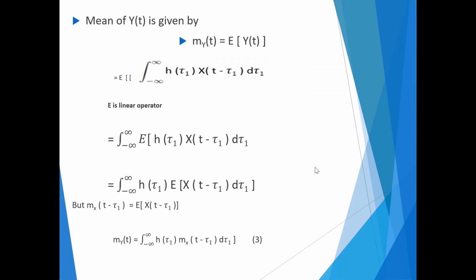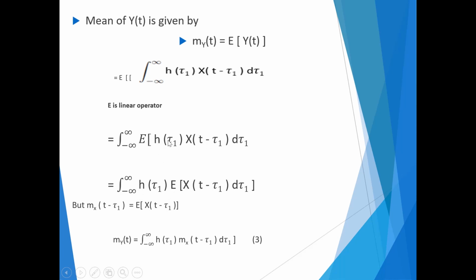Now the mean of y(t) is given as m_y(t), that is nothing but the expected value of y(t). We can rewrite this as the expected value of the integration from minus infinity to infinity of h(tau1) x(t minus tau1) d tau1, where E is a linear operator. Now we have the integration from minus infinity to infinity of the expected value of h(tau1) x(t minus tau1) d tau1.